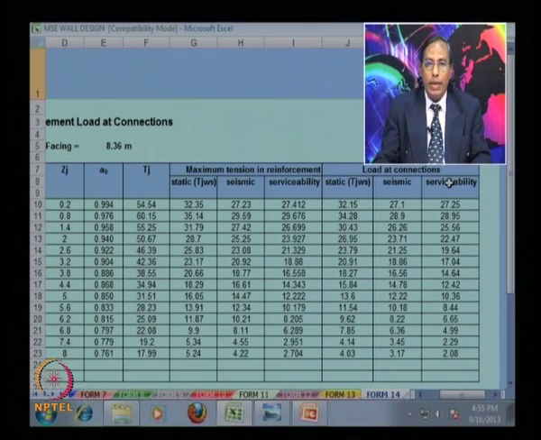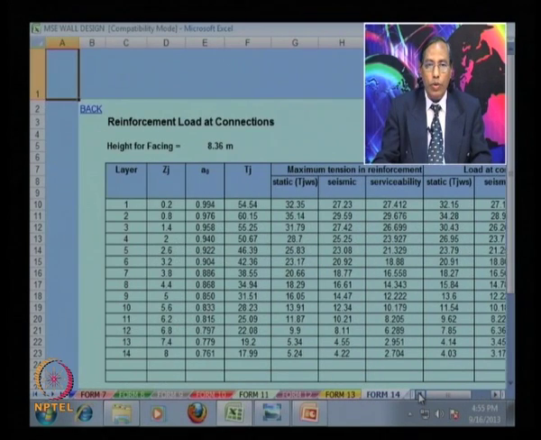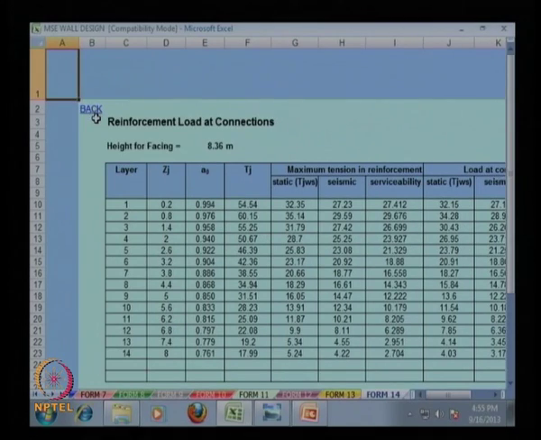Now, load at the connection: the static TW is 32.16 to 4.03, in the seismic case it is 27.1 to 3.17, and the serviceability requirement is 27.25 to 2.08. So we check what the reinforcement load at the connection should be, and we find it is on the safer side.